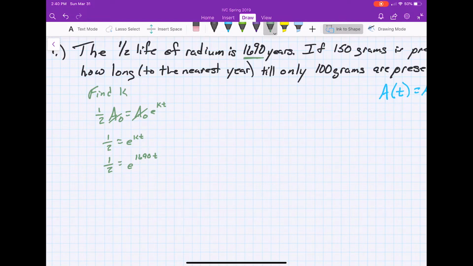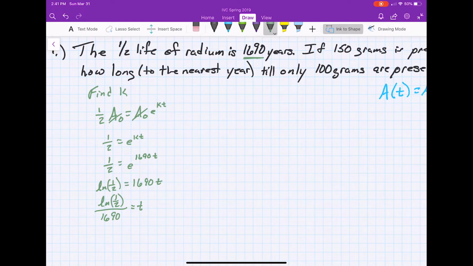So next we have to get rid of this e somehow, and we can do that with the ln function. So we have ln 1/2 is equal to 1690 k. Actually, yeah, ln 1/2 over 1690 equals k. And then we need a calculator to do this, obviously.